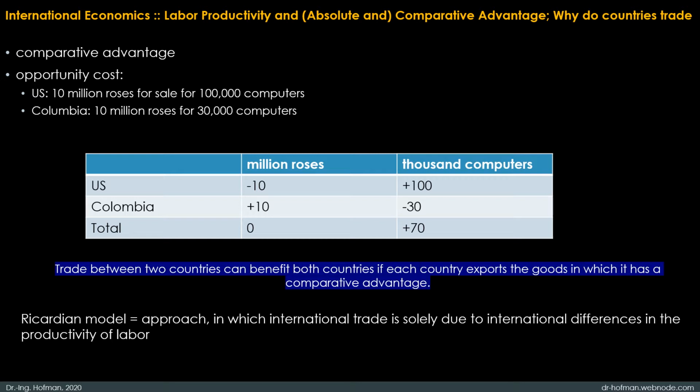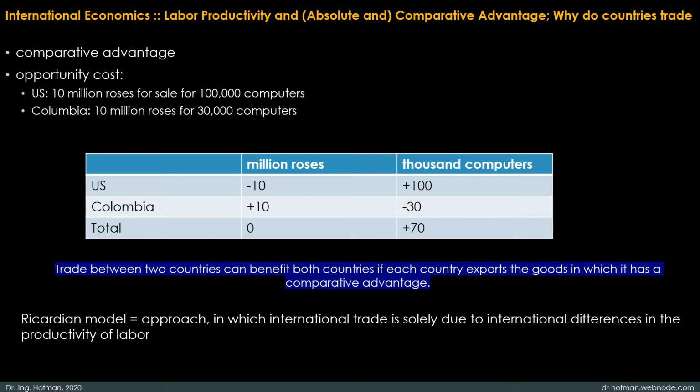Furthermore, Colombian workers are less efficient than their US counterparts in making sophisticated goods such as computers, which means that a given amount of resources used in computer production yields fewer computers in Colombia than in the United States. So the trade-off in Colombia might be something like 10 million winter roses for only 30,000 computers.